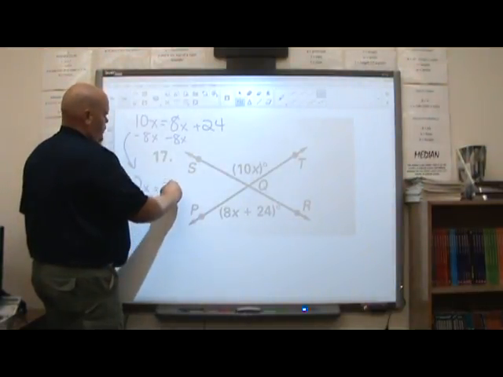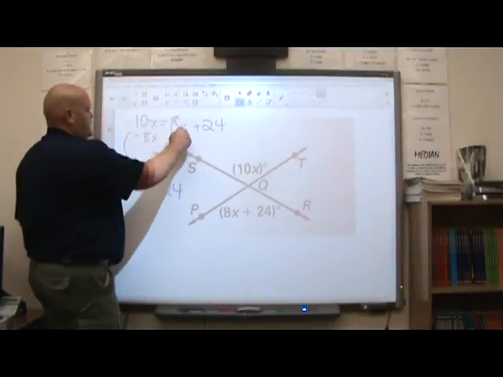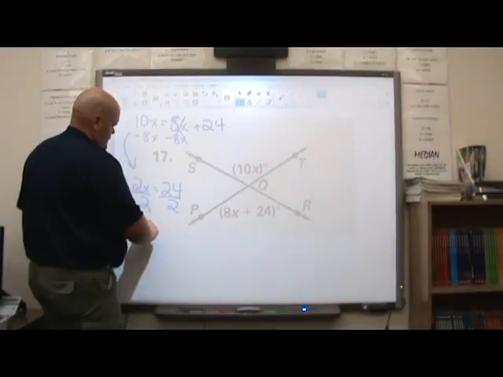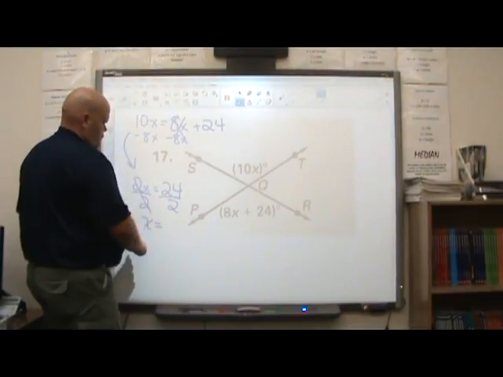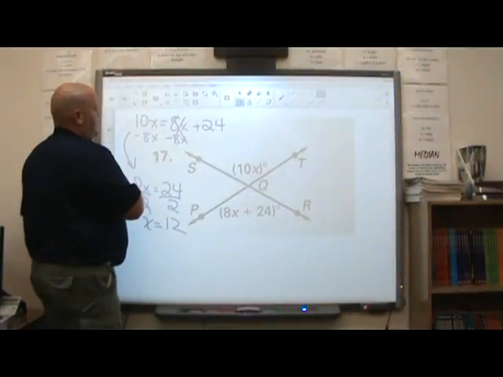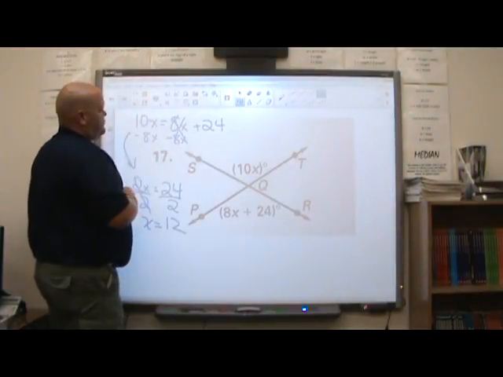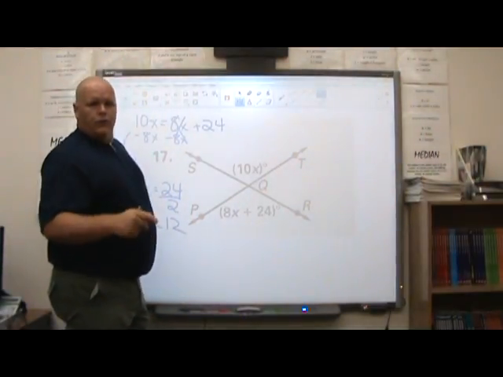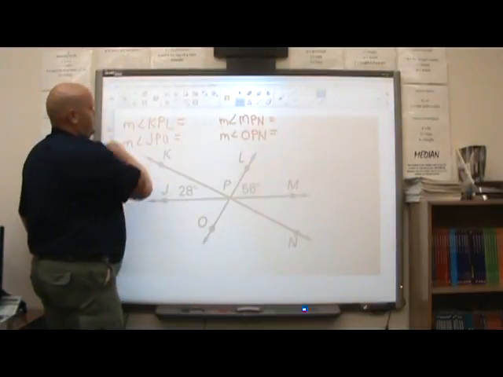That equals 24, because these cancel out. So I'm going to divide by 2. x equals 12. Plug this in. I will find out that 10 times 12 is 120. 8 times 12 is 96. Add the 24. It is also equal to 120. Both sides match up perfectly.